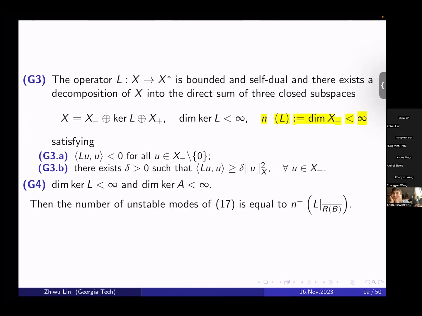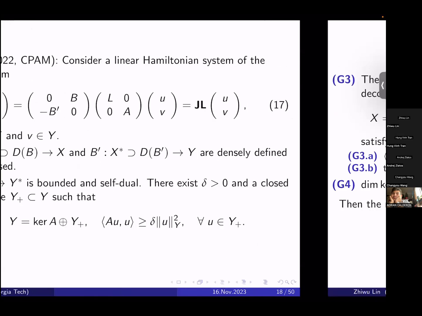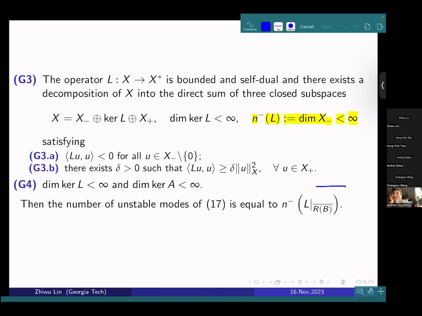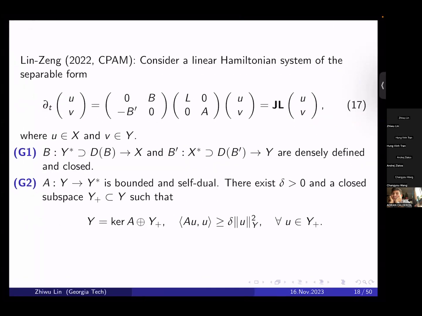Then we have a general theory for this kind of separable Hamiltonian system. One of the conclusions is that the number of unstable modes is equal to the number of negative modes of L restricted to the closure of the range space of B. In other words, we can reduce the study of this linearized equation.